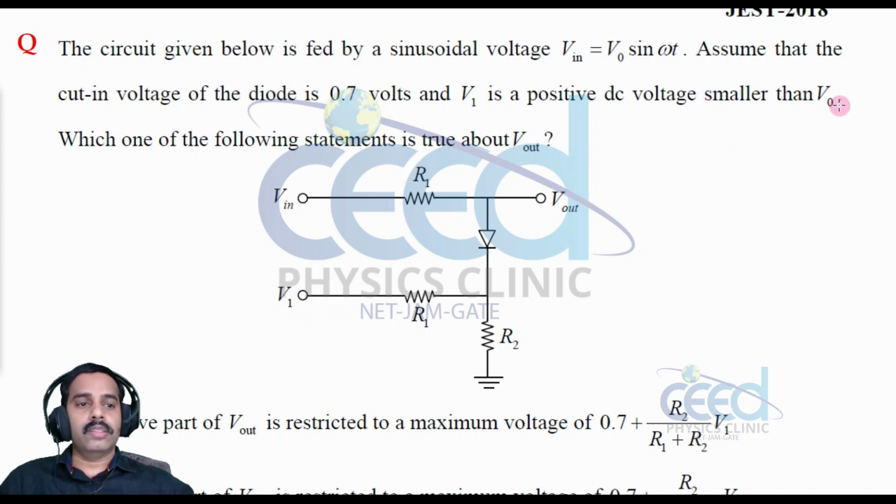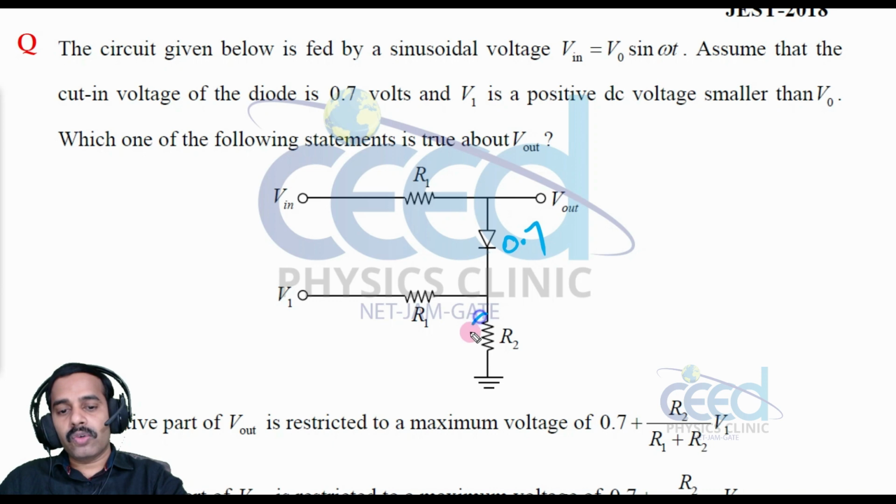Which one of the following statements is true about Vout? You are given a network with resistances R1, R2, and here also R1. Here we have the input voltage Vin, and there is V1, and the diode has a cut-in voltage of 0.7.